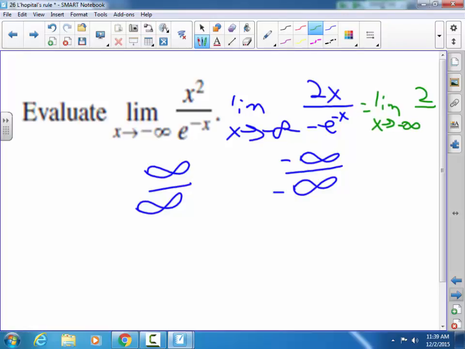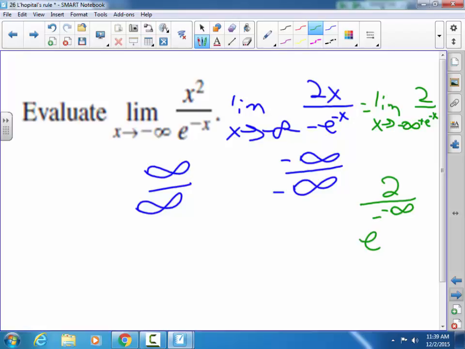Now we can do our happy dance. We know we're not going to get infinity in the top now. If we take the derivative of the bottom, we get negative e to the negative x times another negative, which would make it positive. So we get 2 over e to the negative x. Now when we plug it in, we get 2 over e to the negative infinity, which is really e to the infinity, a really big number.